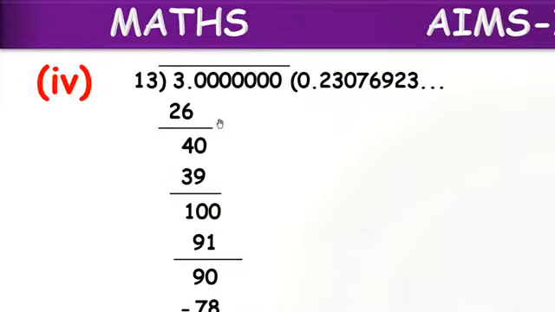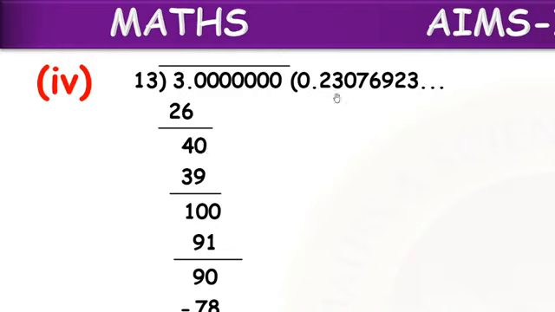So observe here, children, with 13 we are dividing 3. So actually 3 is not divisible by 13. So we can keep 0 point. It will become 30. 13 2 times 26. 4 is remaining.